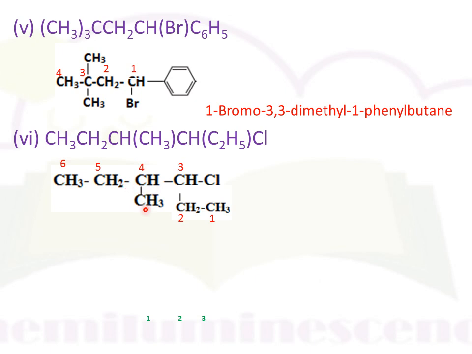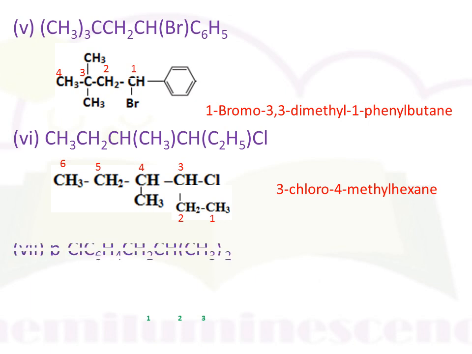At the 4th position methyl is present, and at the 3rd position chlorine is present. Hence the name is 3-chloro-4-methyl, and the parent chain is a 6 carbon chain, hence hexane. Therefore, the name of the compound is 3-chloro-4-methylhexane.